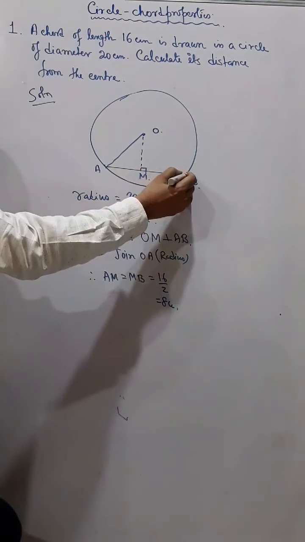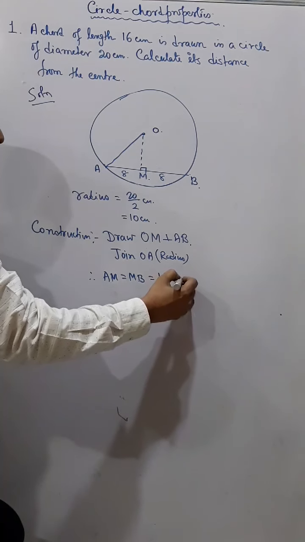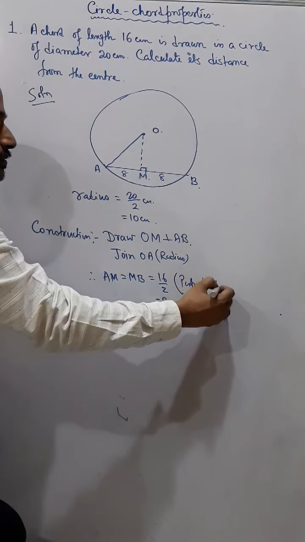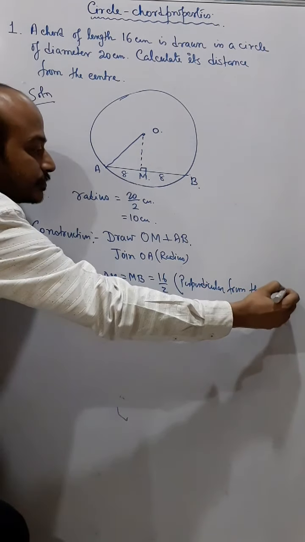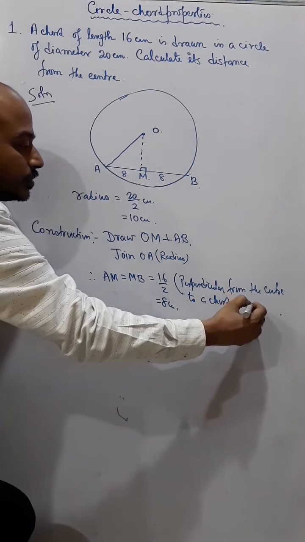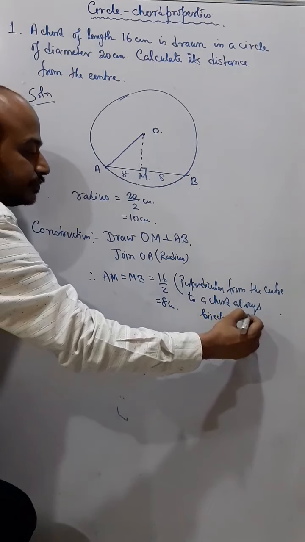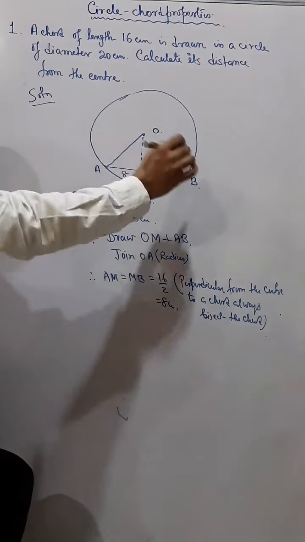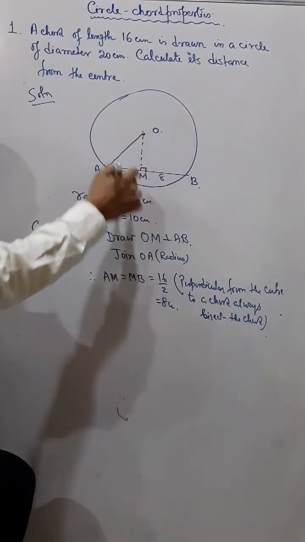So this is 16 centimeter, so this becomes 8 and 8, because you know the theorem that perpendicular from the center to a chord always bisects the chord. Okay, always bisects the chord. So therefore I can say AM equals MB equals 8, and radius we already know, that is 10.